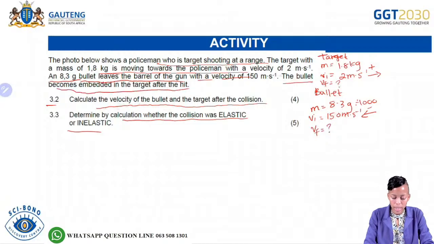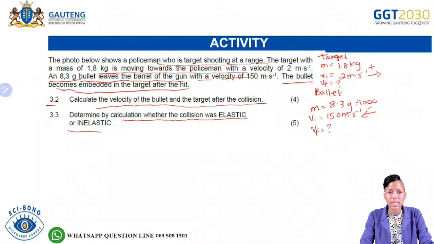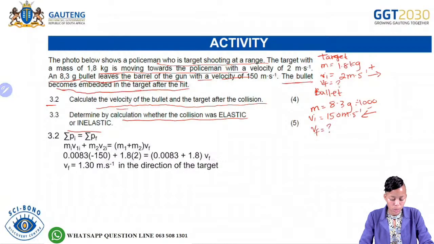Remember, it said the bullet becomes embedded in the target, so they will now have one final velocity. The question is asking us to calculate the velocity of the bullet and the target after the collision.